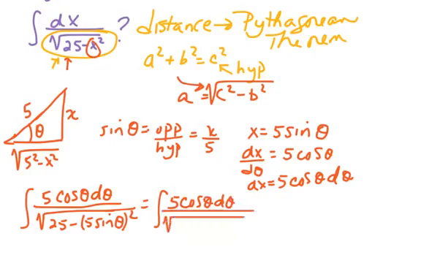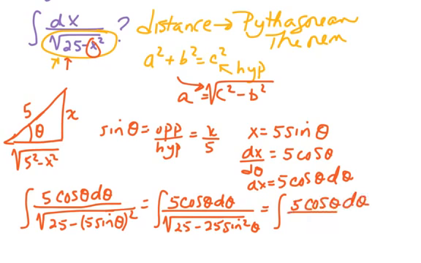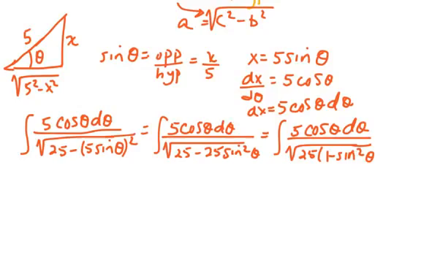On the bottom, however, I can work algebraically to simplify this a bit. If I factor out a 25 from below, I see that I've got 1 minus sine squared, and using the Pythagorean identities, I can replace that.